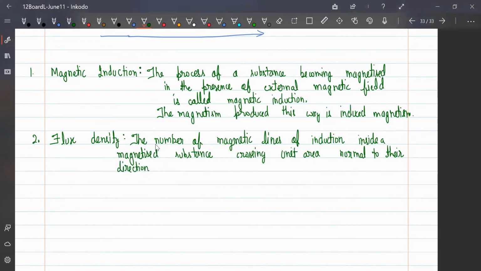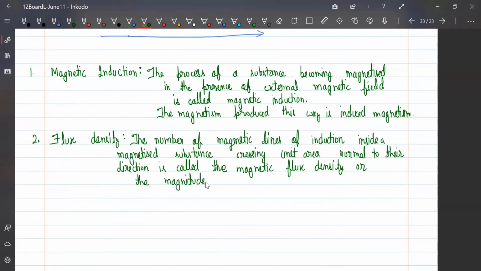It's called the magnetic flux density, and it is also called the magnitude of magnetic induction. So however much magnetic field is induced, that is measured by the flux density.